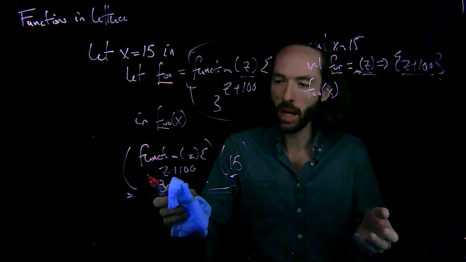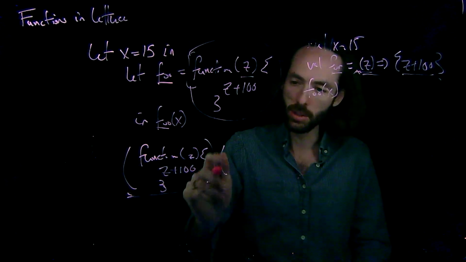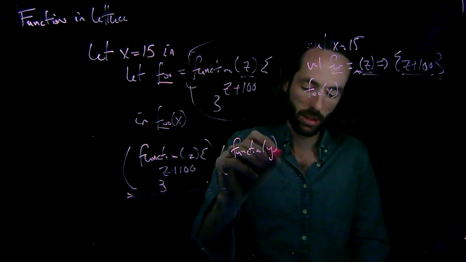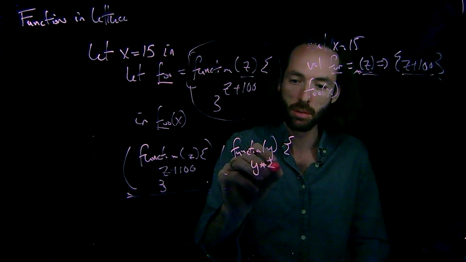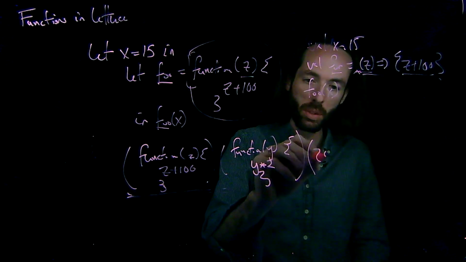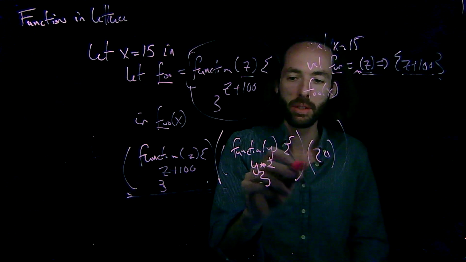So we can even compound these, right? We could get crazy with it. We could do something like function of y is going to be y times 2. And then we'll call this function on 20. And so what's this going to do? Well, it's going to feed 20 into this.